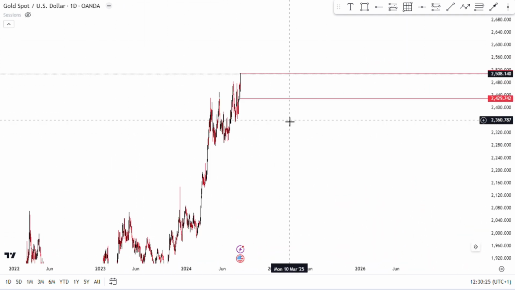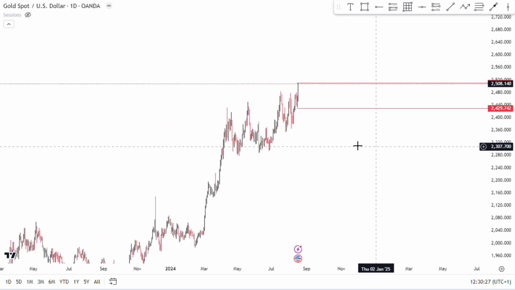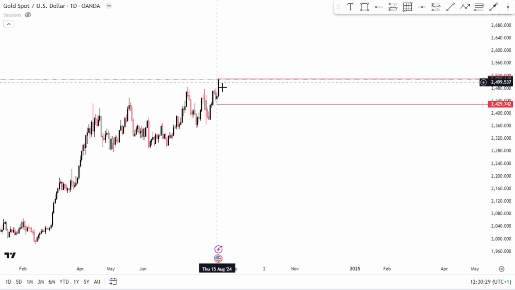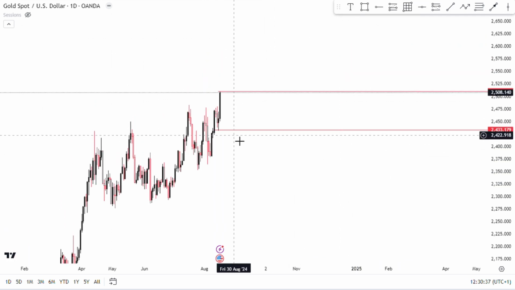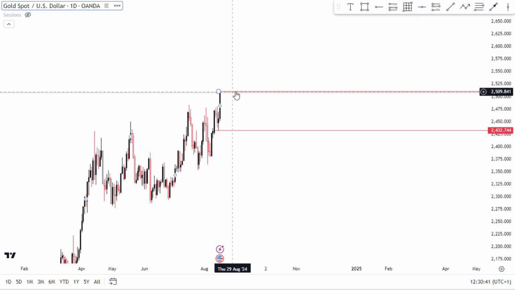So from this low to this particular high did not break anything. So I'll be expecting price to go below this particular low on the daily time frame. So the daily time frame analysis is telling me that price is coming all the way below this low to take it out as liquidity.